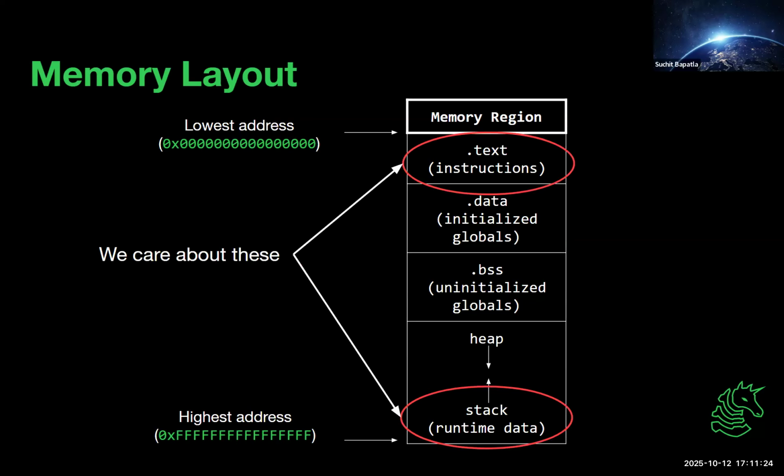Modern compilers tend to put zero-initialized variables in BSS instead of data, so it's not necessarily uninitialized. You can just think of it as initialized as zero, or maybe it doesn't have a default value, but it's zero. So we care about the instructions and the stack for all intents and purposes of pwn one, as we'll see as we go on.